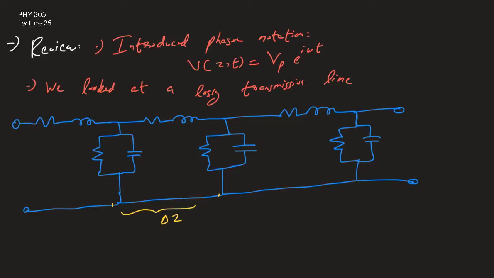So this resistor in a segment of length delta Z was R delta Z, this inductance was L delta Z, this transconductance was G delta Z, and this capacitance was C delta Z. And same for all of the other elements. I'll just quickly label them so that we have a reference for the rest of this lecture.